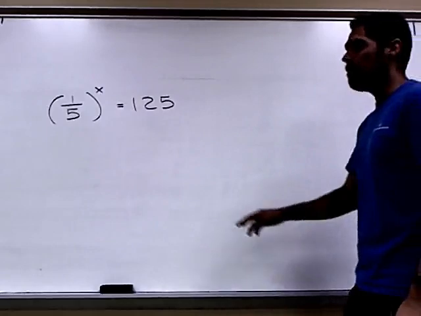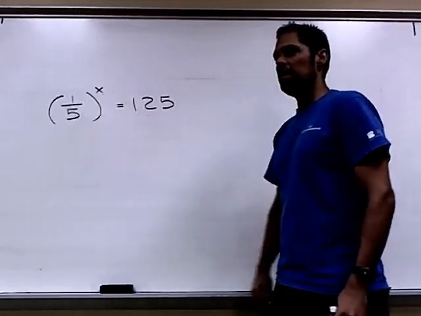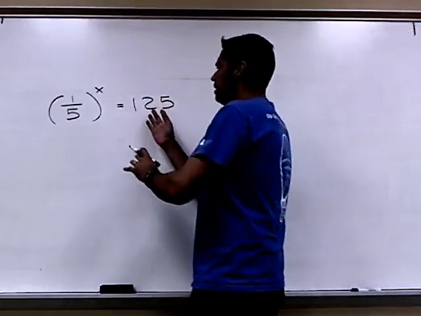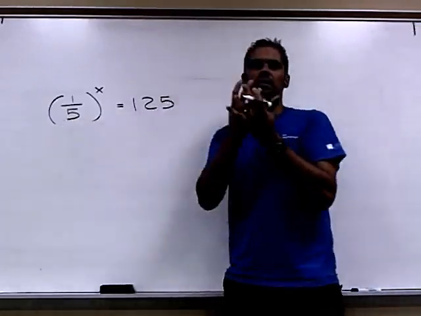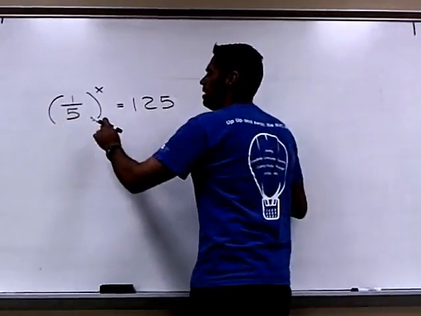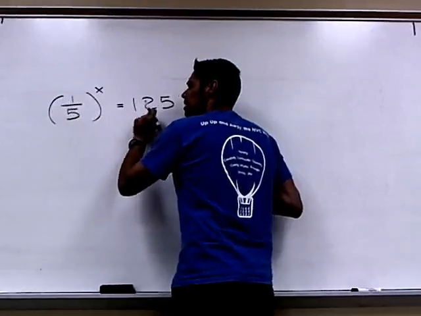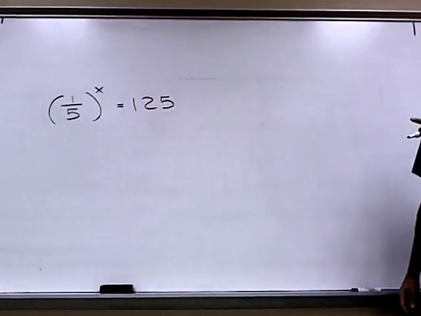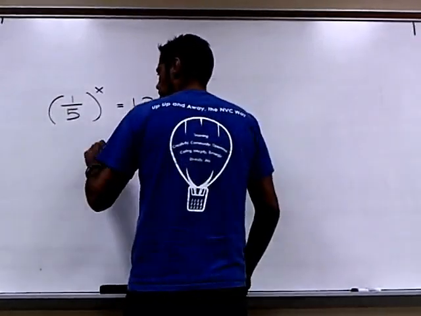There are different ways that you can approach this. We're trying to solve for x, right? What we had done before is try to get both of the numbers to have the same base, but it's difficult to see how 125 might be connected to 1/5. So let me show you a way you could do this.